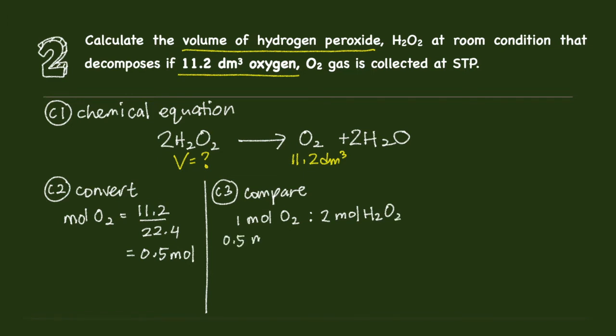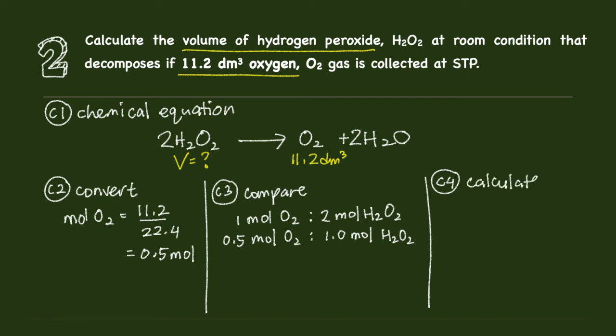Therefore, 0.5 mole of O2 ratio to 1.0 mole of H2O2. C number 4 is calculate. The volume of hydrogen peroxide at room condition is 1 times 24 equal to 24 decimeter cube.